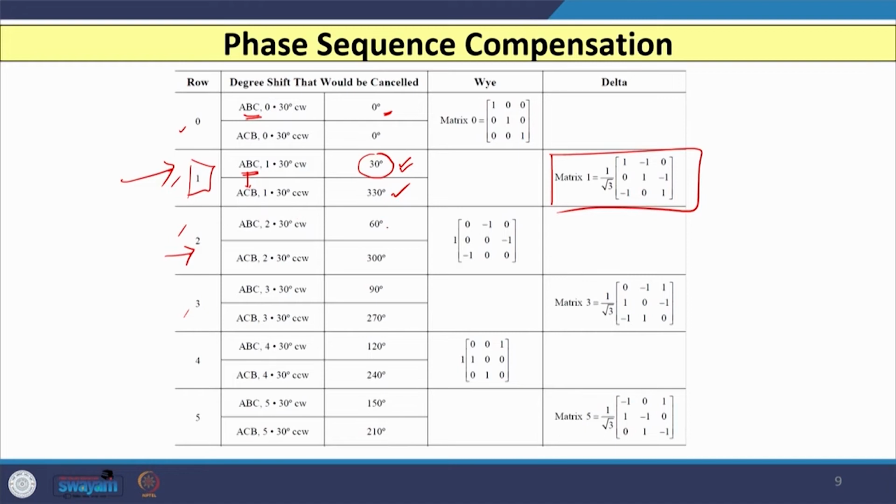So, now you want to cancel the 60 degree phase shift, and that 60 degree phase shift can be compensated by multiplying, of course in clockwise direction, with this matrix. Same way, for whatever degree of phase shift you want to cancel with reference to the specific phase sequence, you have to multiply either delta side or star side signals with the specific matrix.